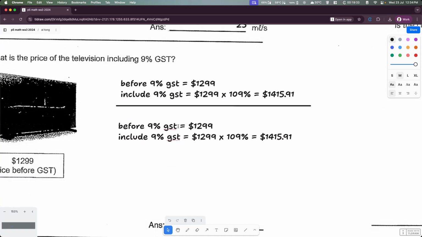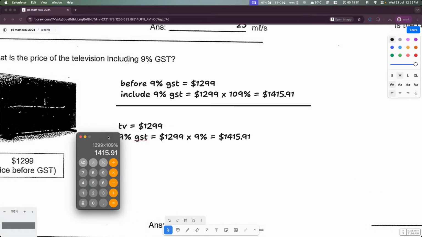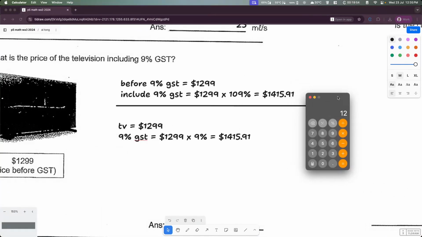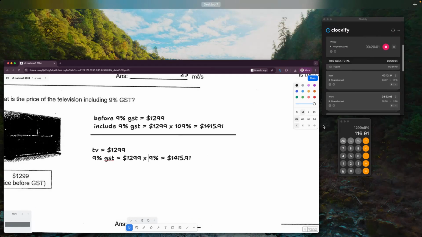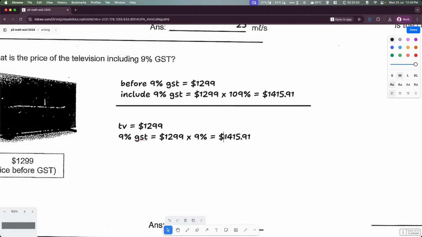The other way is, before 9% GST is 1299, right? So this is the TV, the TV costs 1299. So we can calculate the 9% GST, which is basically 1299 times 9%, and then we can just calculate it with our calculator. So we can just say 1299 times 9%, and it gives us $116.91 in this case over here.